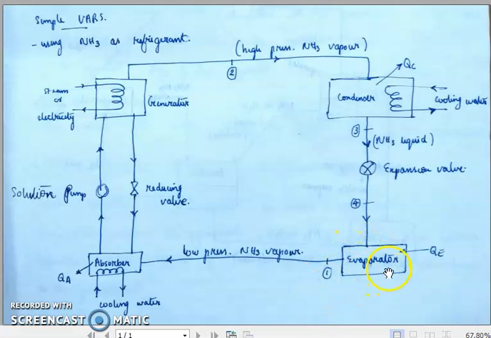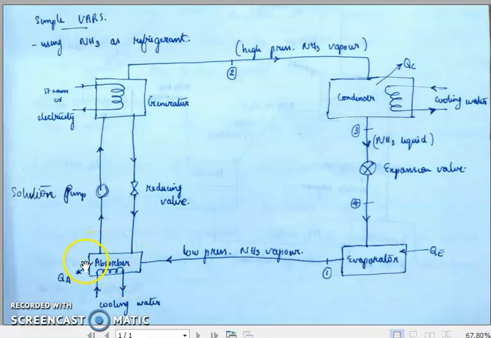Ammonia refrigerant, after flowing through this evaporator, will be extracting heat from the freezer compartment and getting vaporized. So this low pressure ammonia vapor, after absorbing heat from the freezer compartment, will be admitted to the absorber.